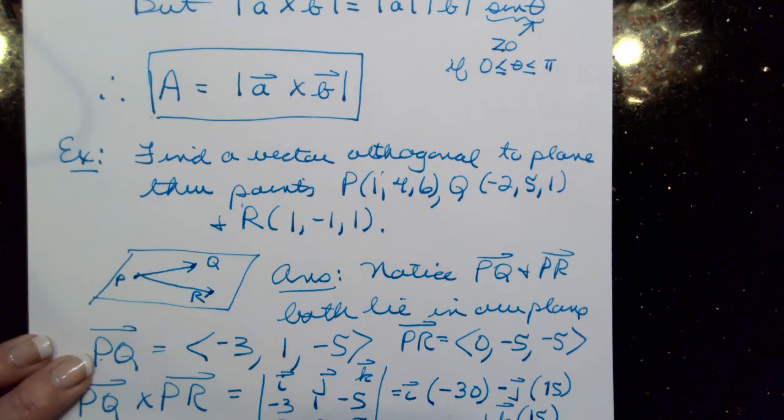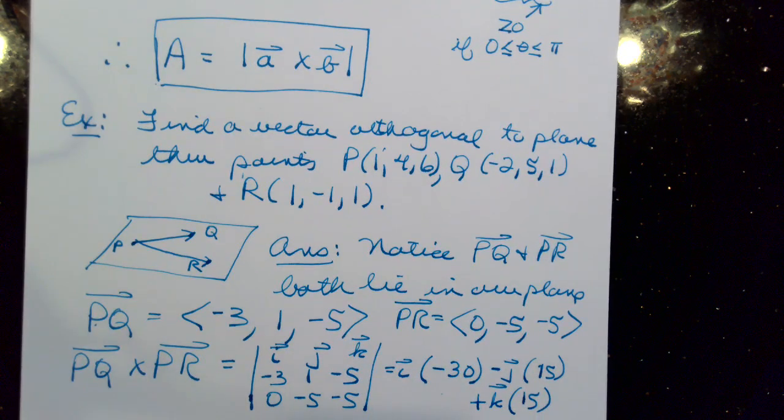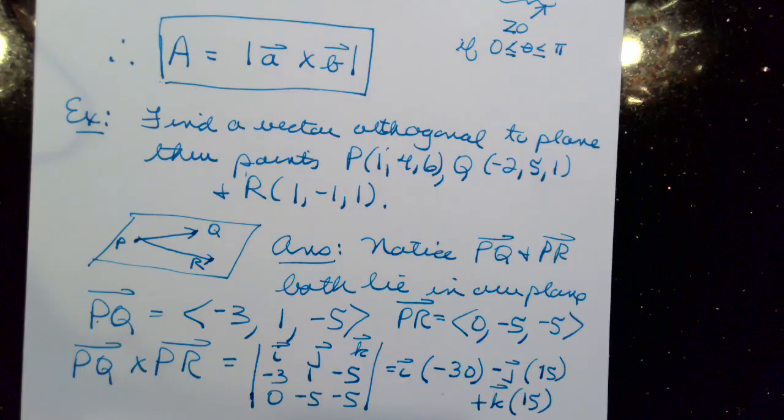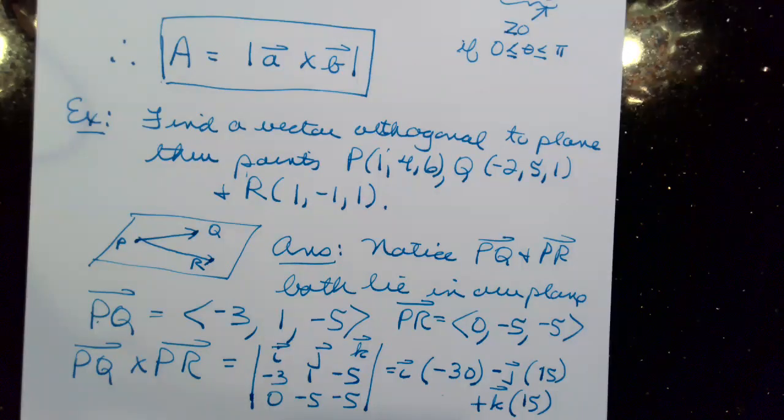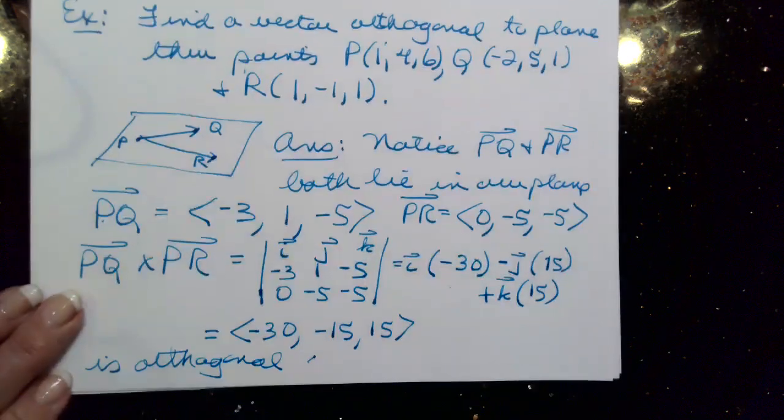Okay, so PQ cross PR, you can leave it with the ijk, or you can write it in the square bracket notation, whatever makes you happy. This is orthogonal to our plane.